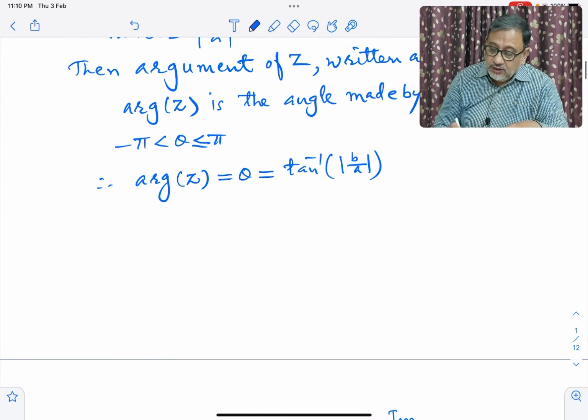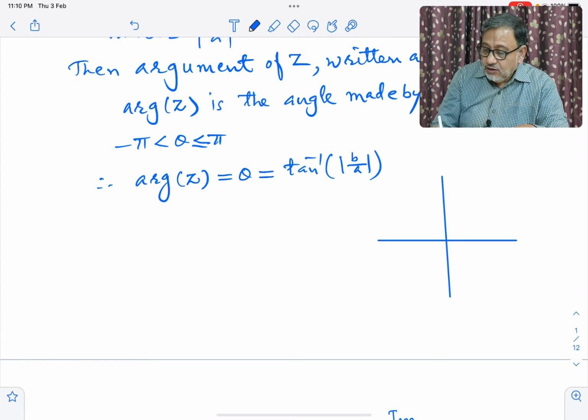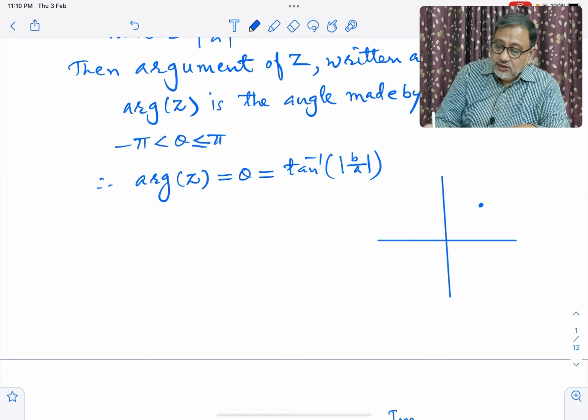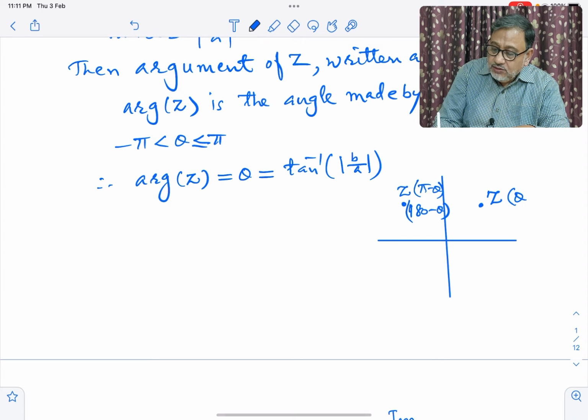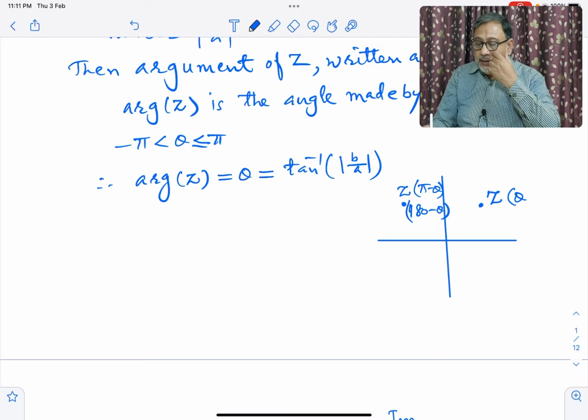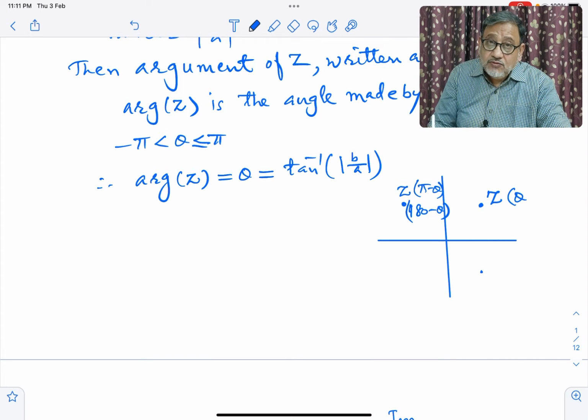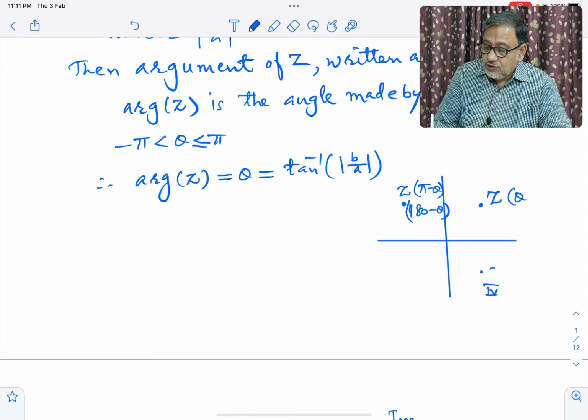What does that mean? If you have a complex number in the first quadrant, then of course it will be only theta. But if your complex number lies in the second quadrant, then it will be pi minus theta, or 180 minus theta. In any form you can write it. But if your complex number is in the fourth quadrant, then your angle will be minus theta.